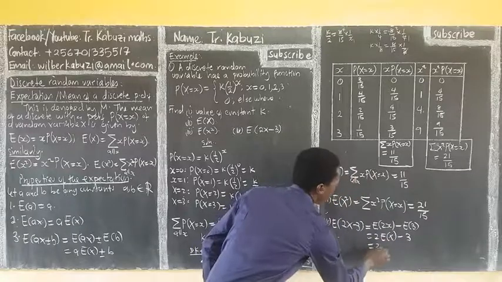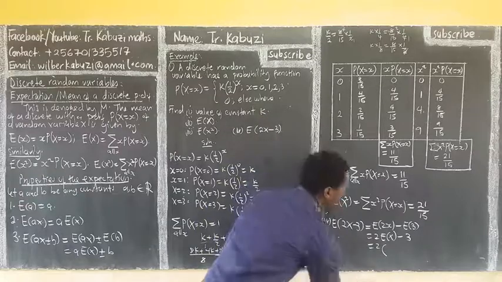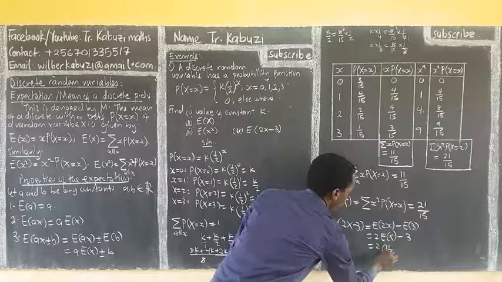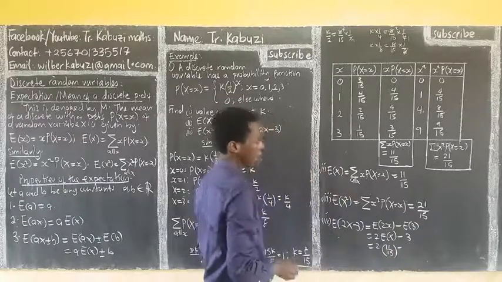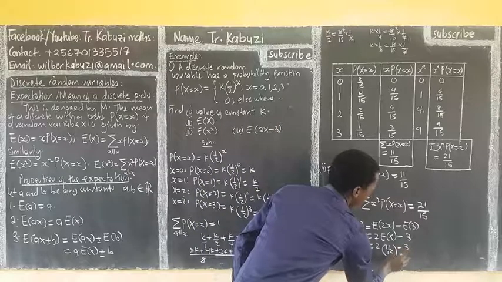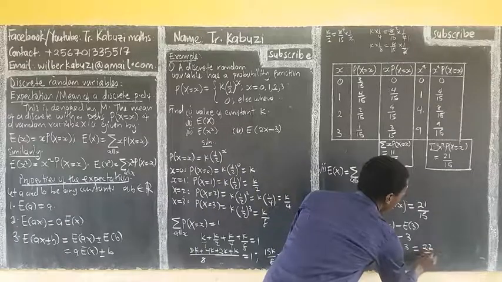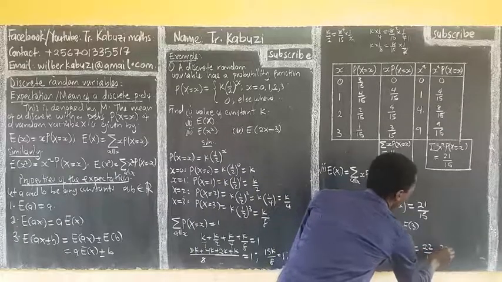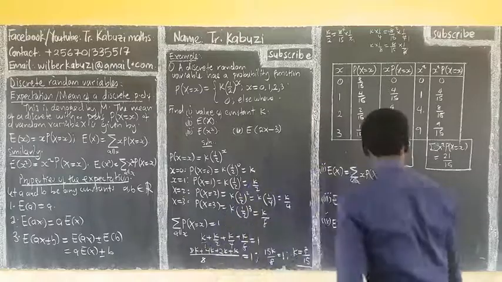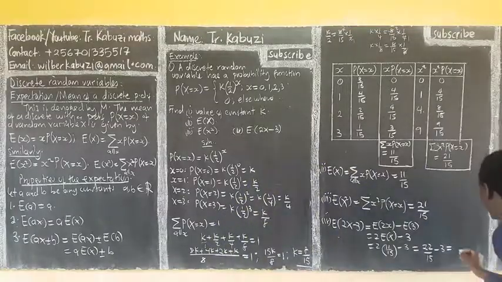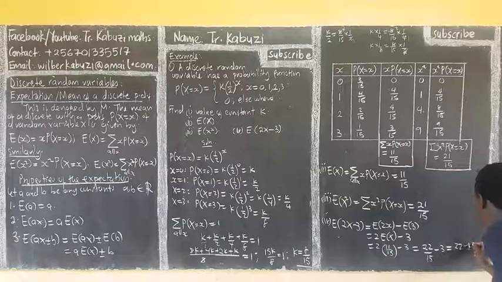We got our E of x as 11 over 15, so this will be 22 over 15 minus 3. And there you will get 22 over 15 minus 45 over 15. And you simplify this, you get negative 23 over 15. And that will be the answer.